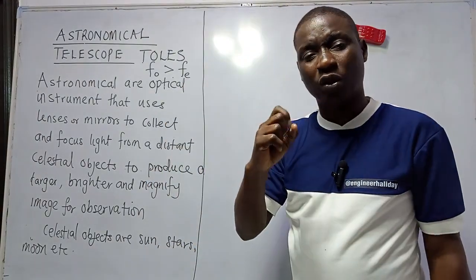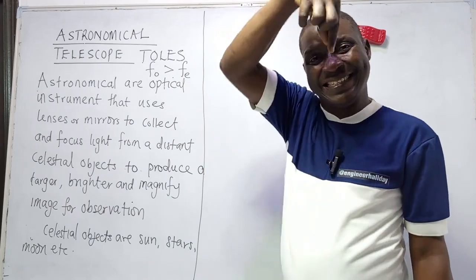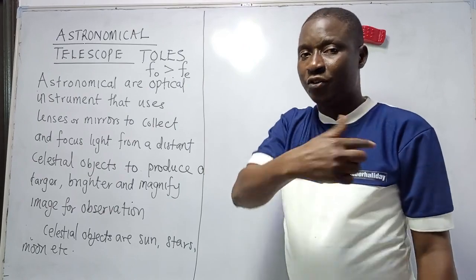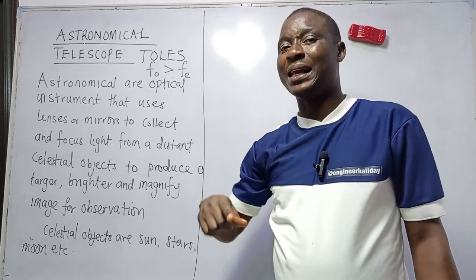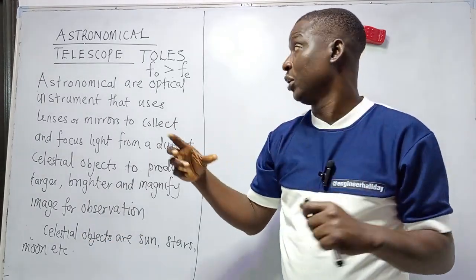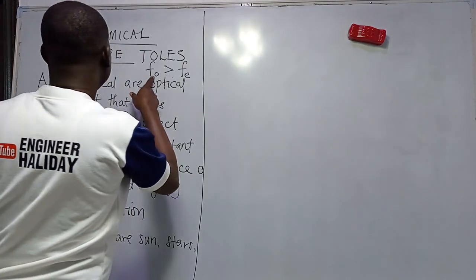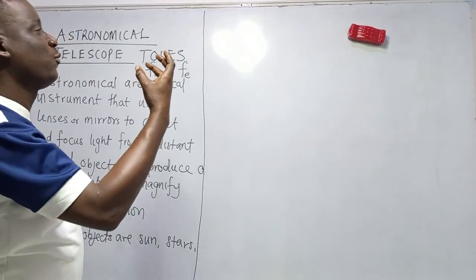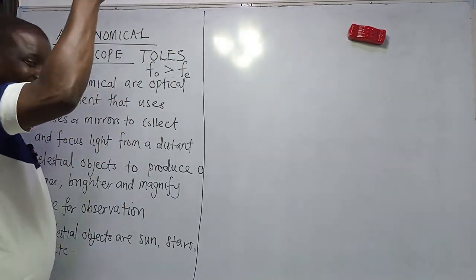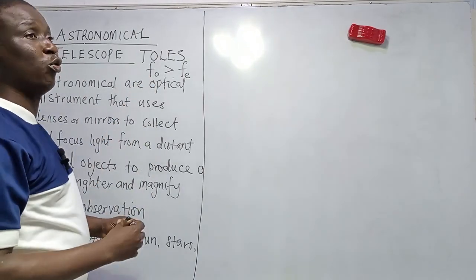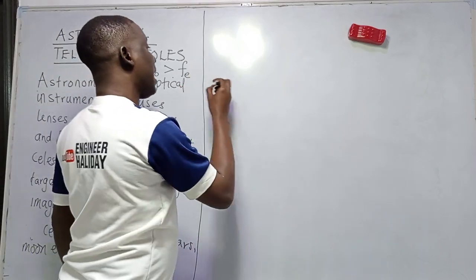So we say the eyepiece lens in a compound microscope is called a magnifying glass, so it has a higher focal length than the objective lens. Although the two of them are short, in this case the objective lens is the one collecting the light, the one that will pick the image from that distance, so it has a higher focal length than the eyepiece lens.